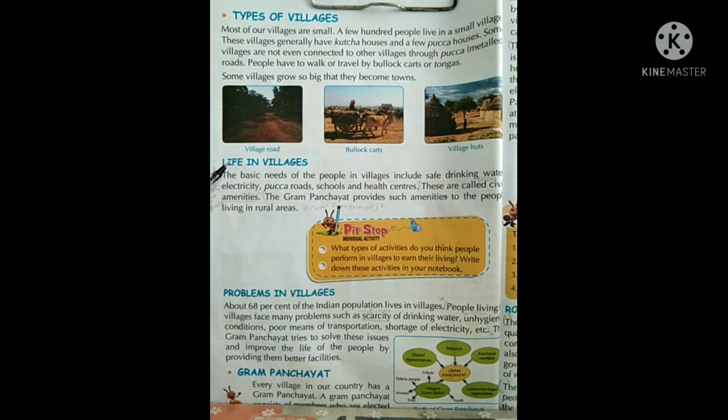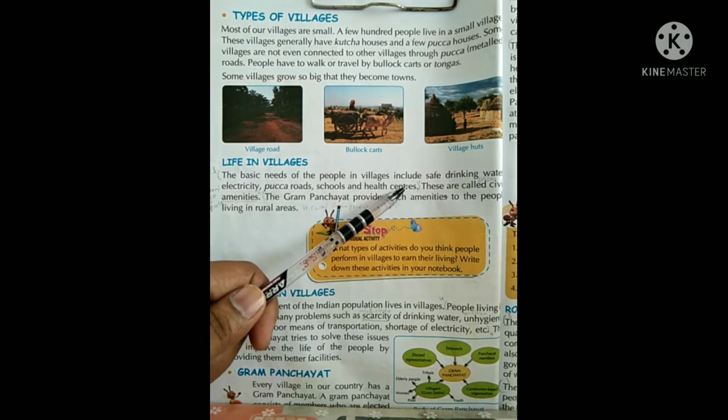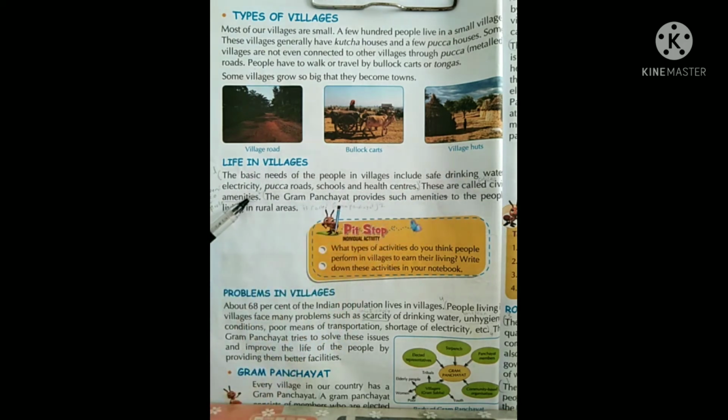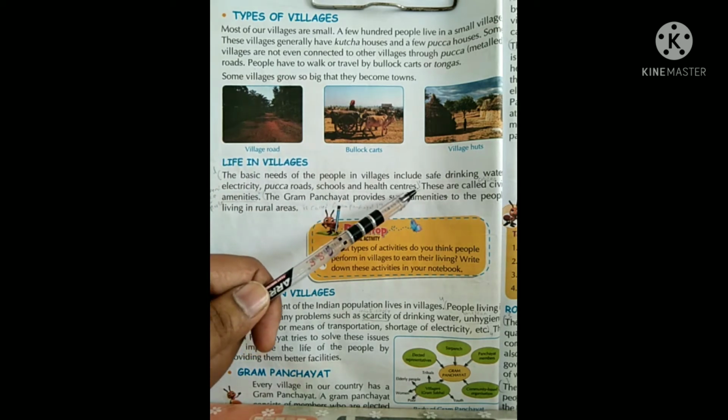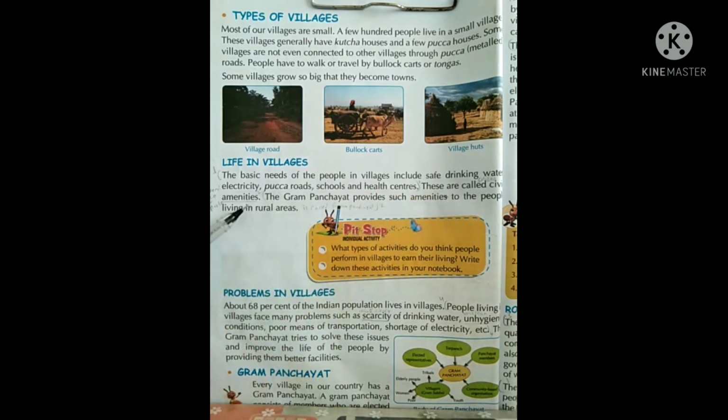And then next, life in villages. How the people live in that village you can see. The basic needs of the people in villages include safe drinking water, electricity, pakka roads, schools and health centers. These are called civic amenities.